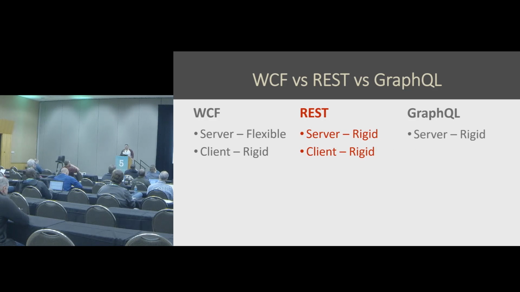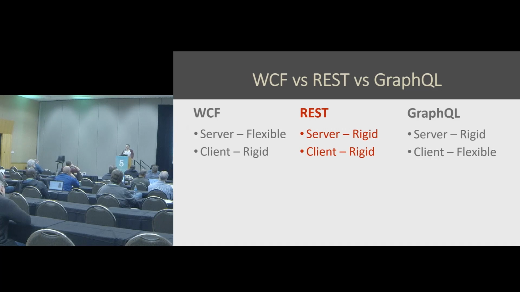In GraphQL, the server, again, is quite rigid. Rigid is maybe the wrong term there, but there's some heavy lifting just to build the model that I was talking about and making sure that's available, and really all the work is done there. And that is because we want the client to be extremely flexible.